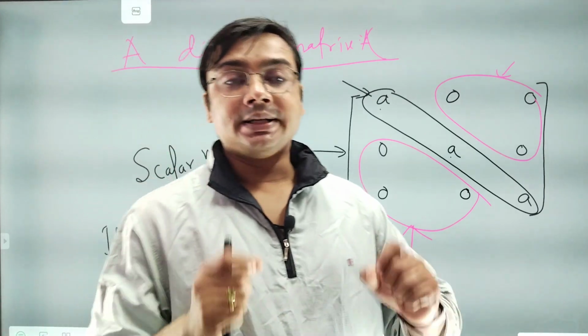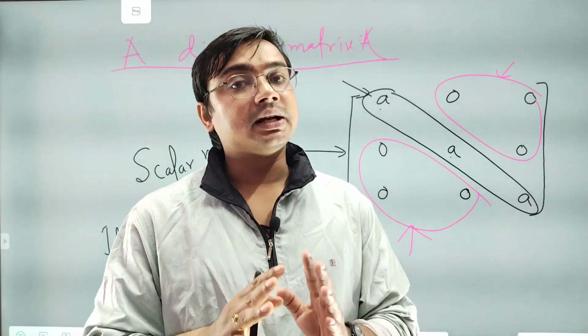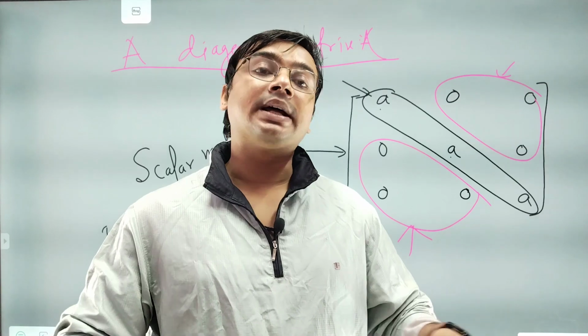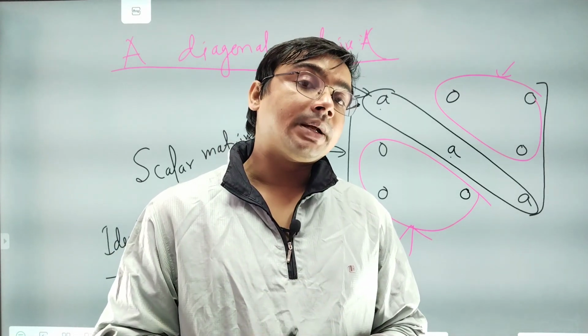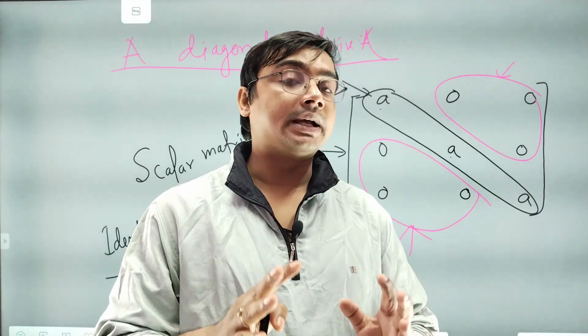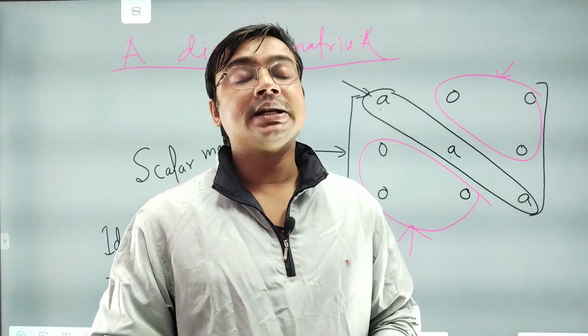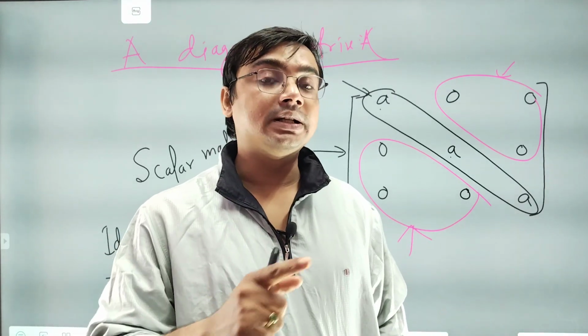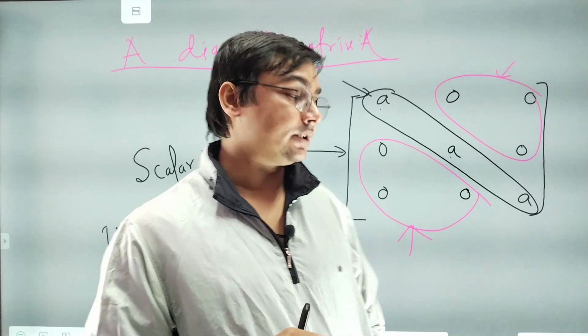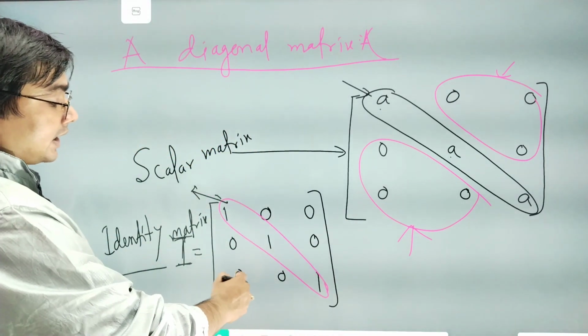And if a diagonal matrix has all the diagonal elements equal, then the matrix is called a scalar matrix. And if a diagonal or scalar matrix has all the diagonal elements equal to 1, then the matrix is called an identity matrix. So these are the identity matrix.